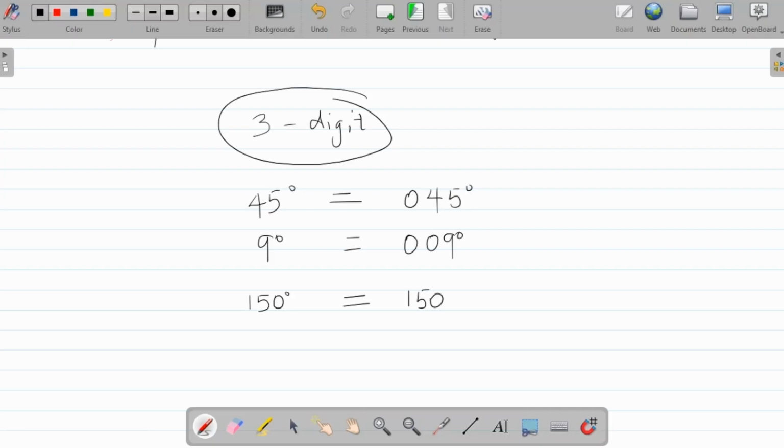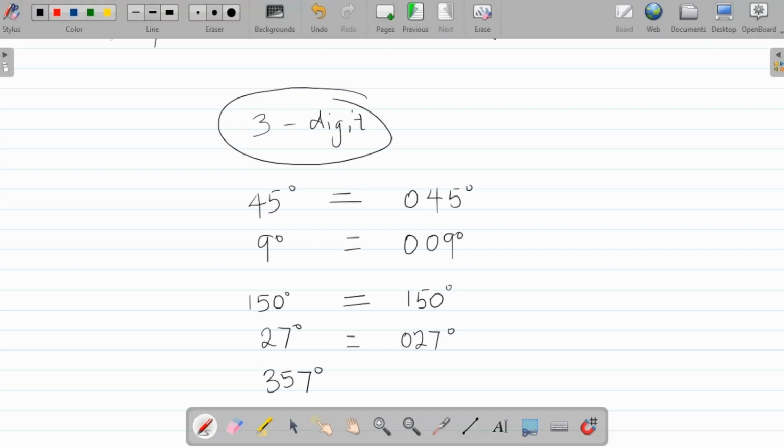Okay, so 27 degrees as a bearing is 027 degrees, because it needs to be a 3-digit number. Now say 357 degrees.